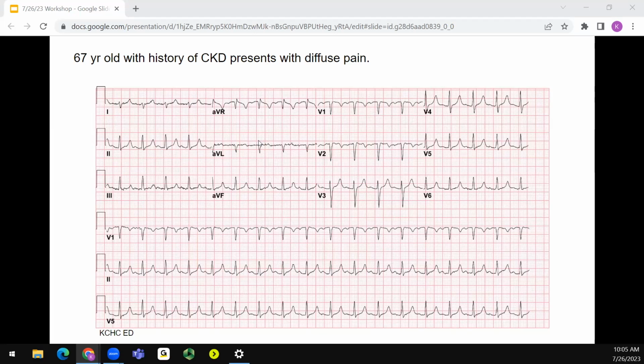What about the morphology of some of the waves, the T waves? Someone says peaked, but they don't look that tall, right? Not really. Are you talking about like Brugada?